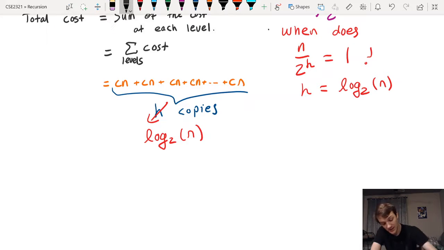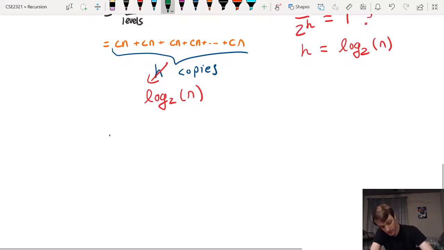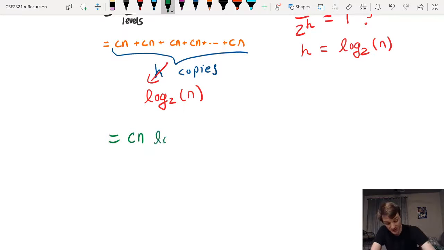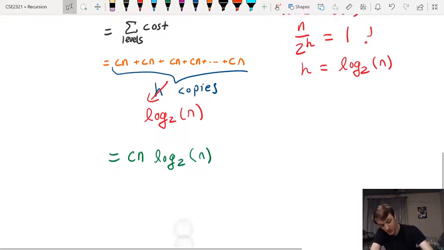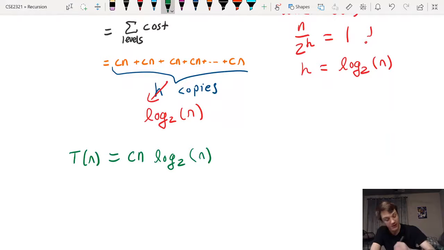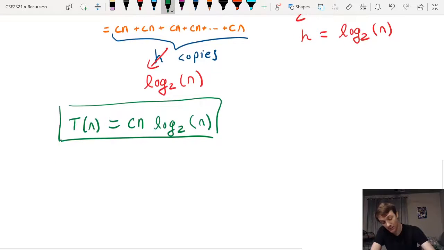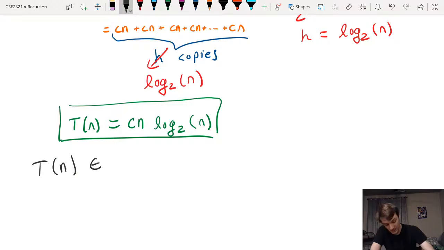So this is equal to Cn times the number of occurrences, which is log base 2 of n. So the total cost, which we usually called T of n, the total runtime, is Cn times log base 2 of n. Hey, that's enough to get me my complexity. T of n is in theta of n times log n.